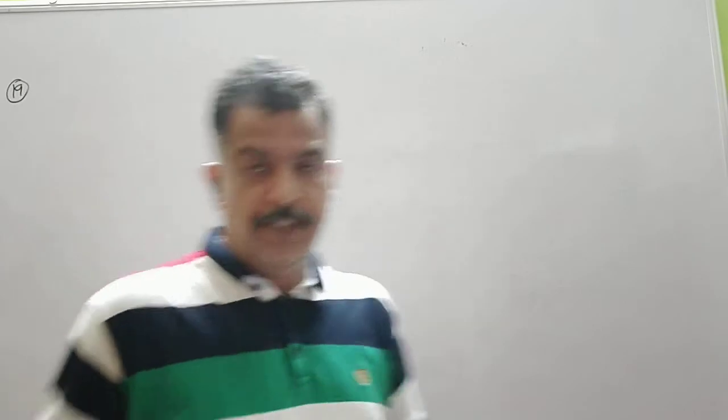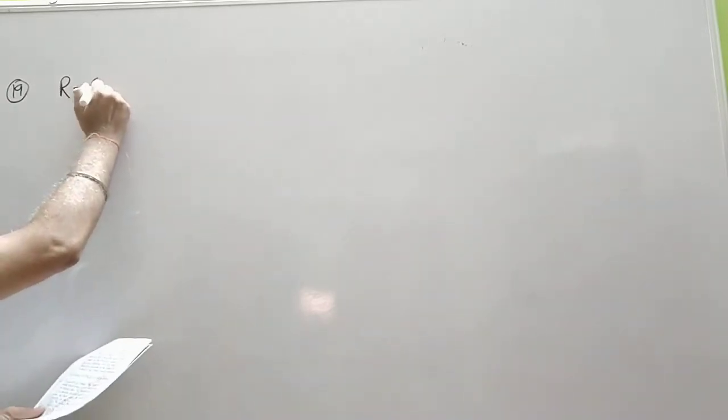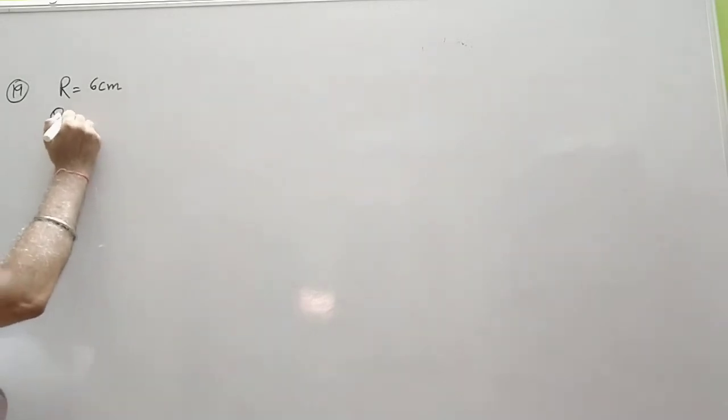So MCQ number 19, which is the direct application of our theory: a conducting loop of negligible thickness and radius capital R is given as 6 centimeter, carries a charge of 4 microcoulomb.